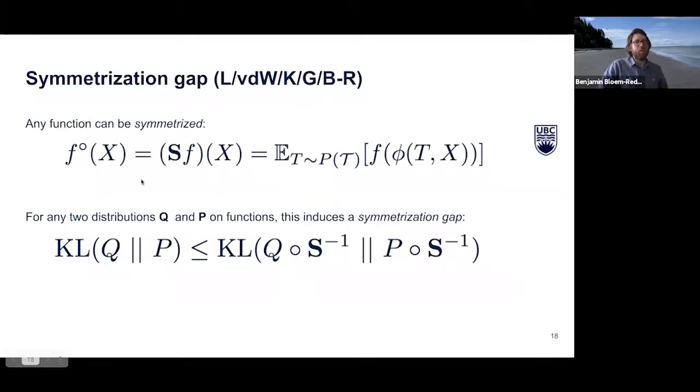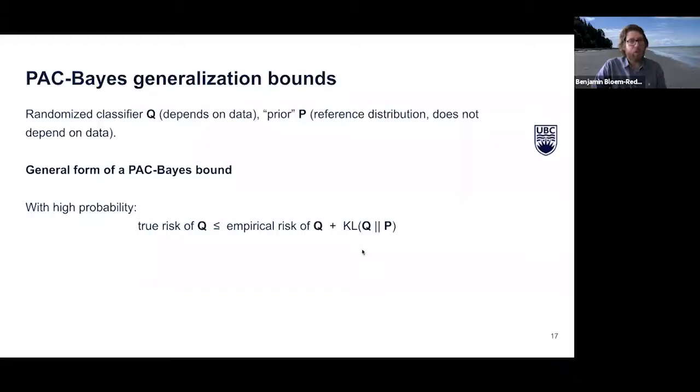By symmetrizing, we take our original function space and induce equivalence classes of functions through this invariance. Basically it's compressing that function space, and so any distributions we define on the original function space also get compressed. So the KL gets smaller, and that actually shows up in the PAC-Bayes bound.